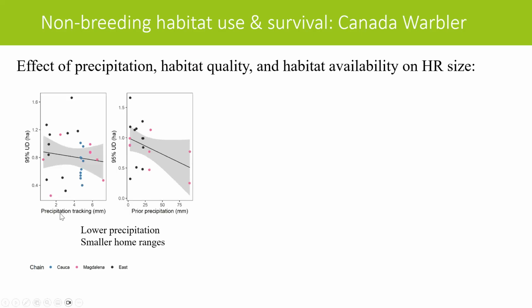This paper is under review at the moment, and we observed that the precipitation during the tracking period and precipitation prior to the tracking of these individuals during the non-breeding season affected the home range. And when we had lower precipitation, then we had smaller home ranges. And this includes precipitation during tracking and prior to tracking.